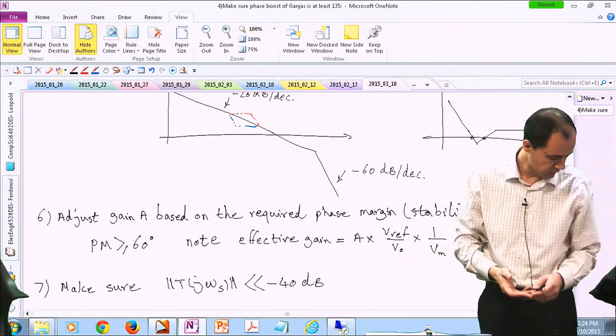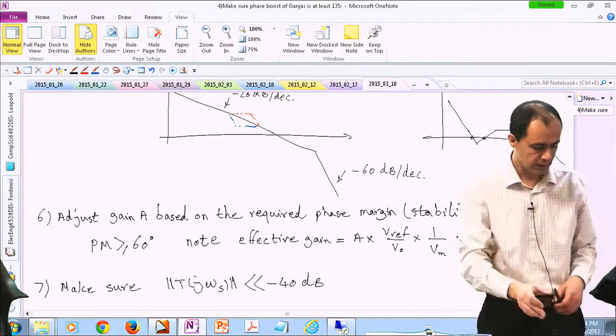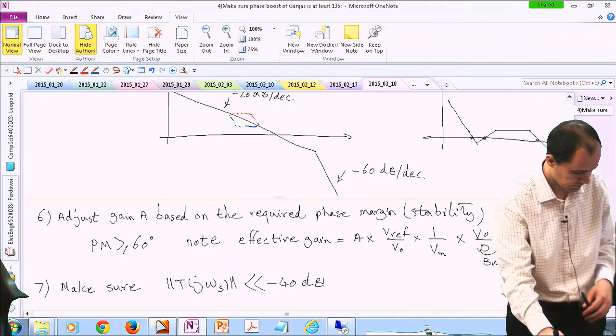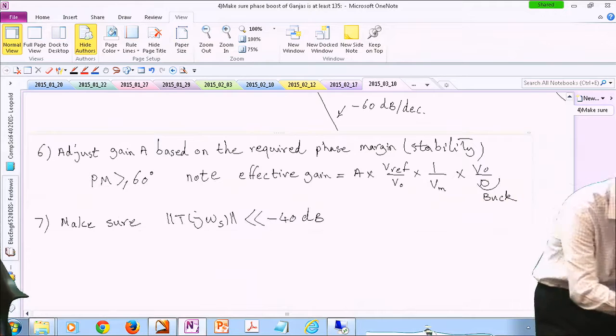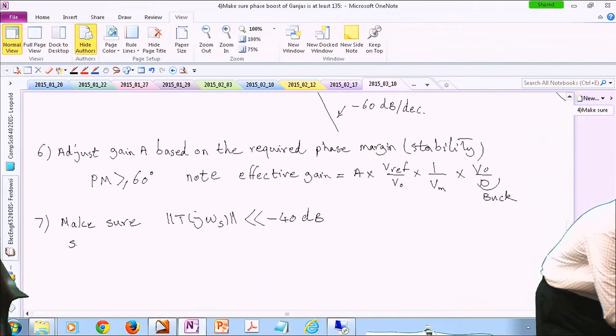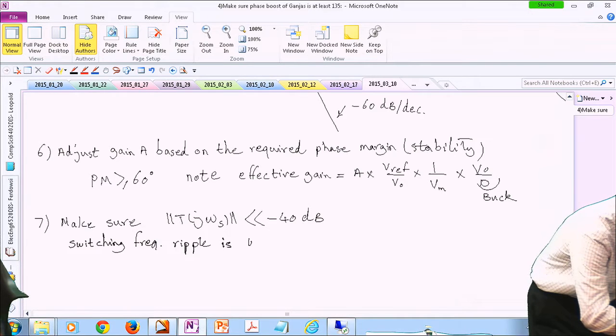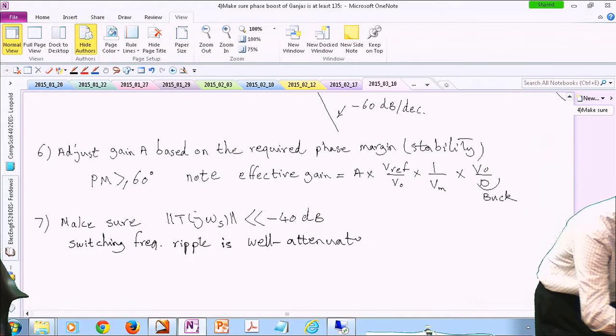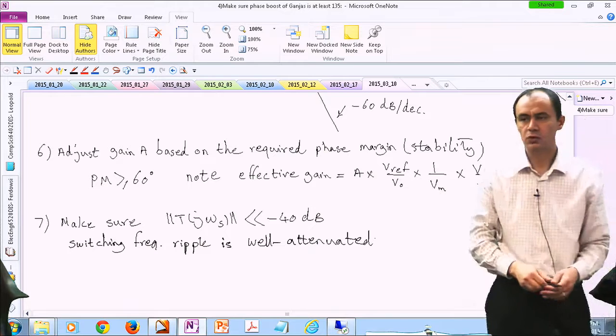This is to make sure that there is no switching ripple amplified in your system. So how about writing switching frequency, okay, just to make sure you're not amplifying it.